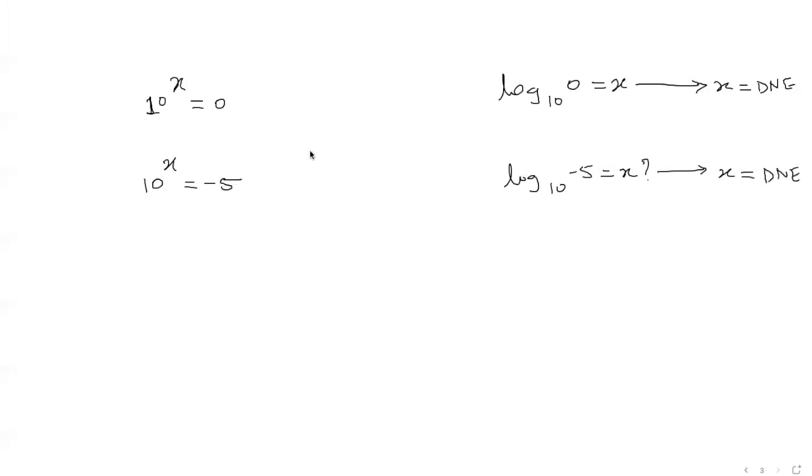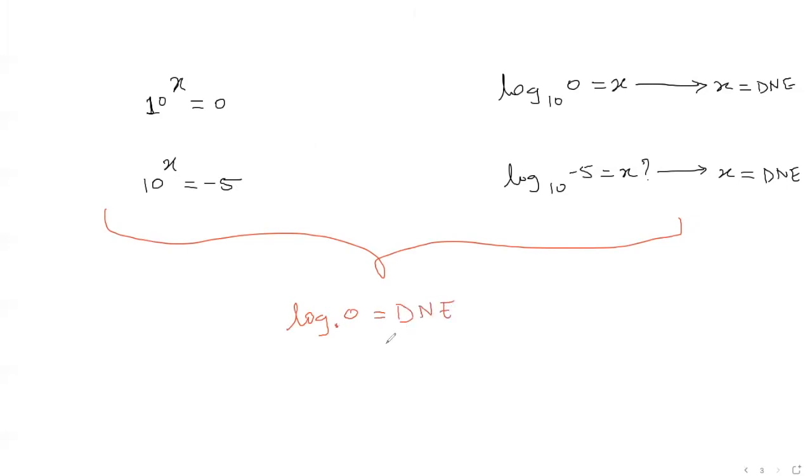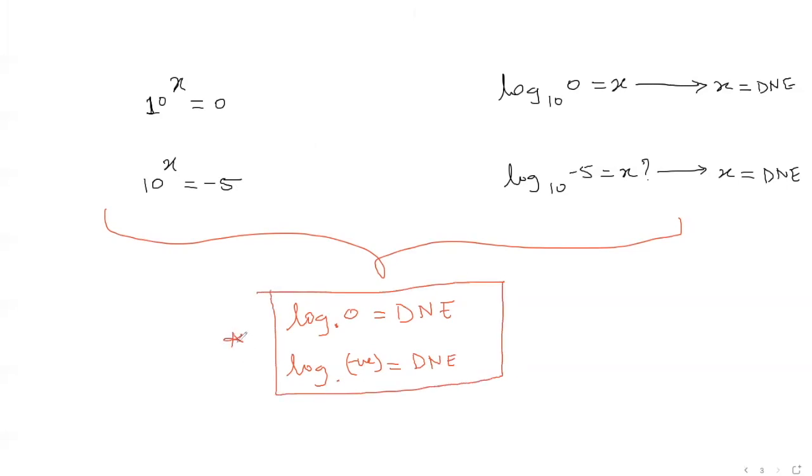So from these two examples, what do we learn? We understand that log of 0, doesn't matter what the base is, will not exist. And log of a negative number for any base will not exist. So these two are very important points that I want you to note, that log of 0 is undefined and log of a negative number is also undefined.